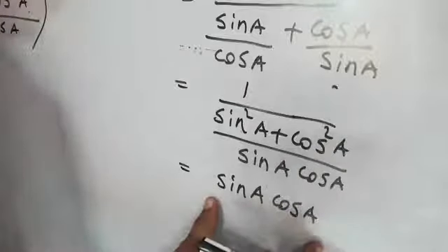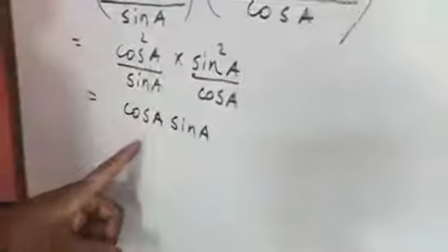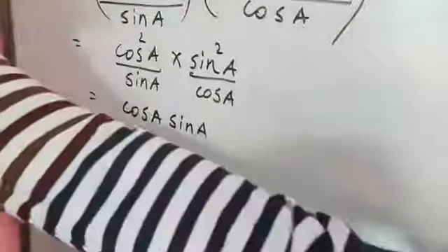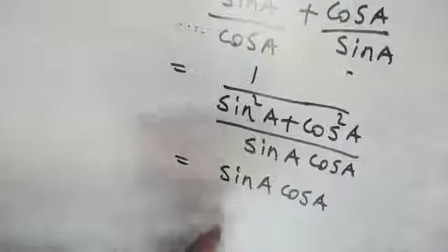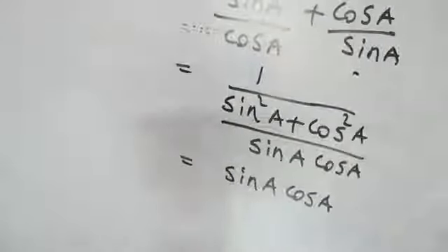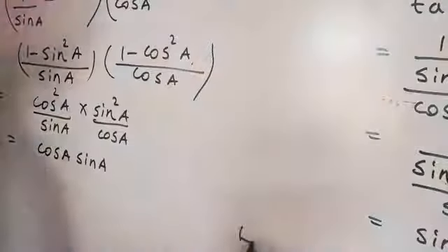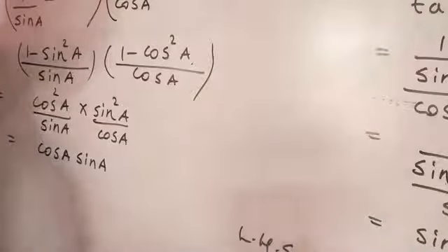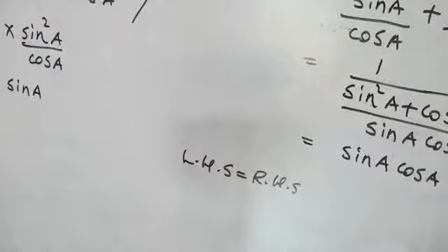This is the RHS part. Now you can see the LHS part is sin A cos A, and the RHS part is also sin A cos A. So both are same. We can write LHS is equal to RHS, hence proved.